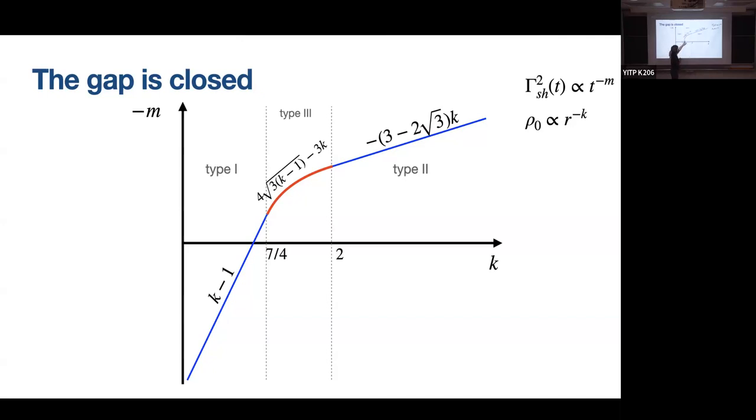But actually, when you look at k equal to 7/4 and you follow the asymptotic profile from the shock backward, then actually the pressure is constant.